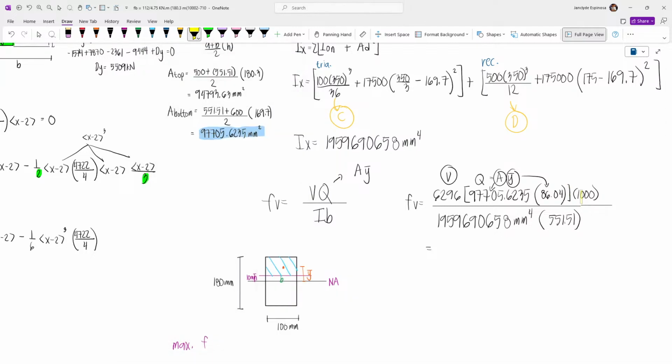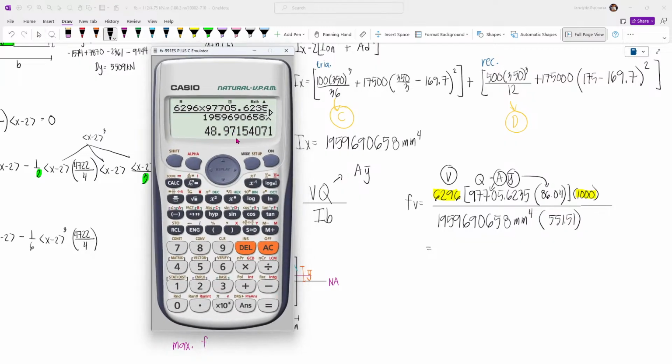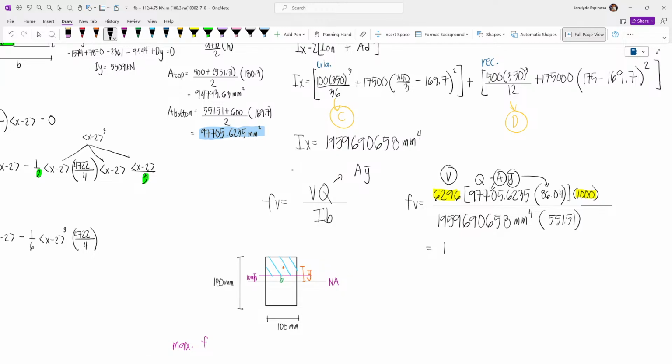Again ha, this is to convert 6296 into newtons. So, atong result, 48.97. And then, 972 lang. And then, MPa.